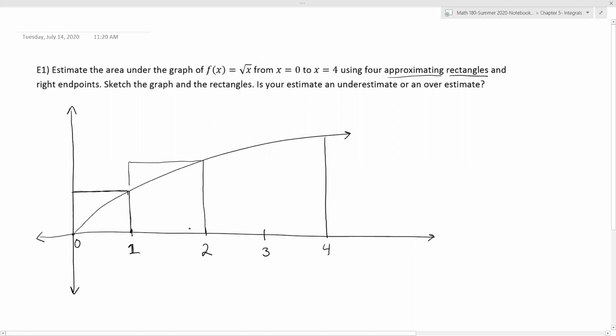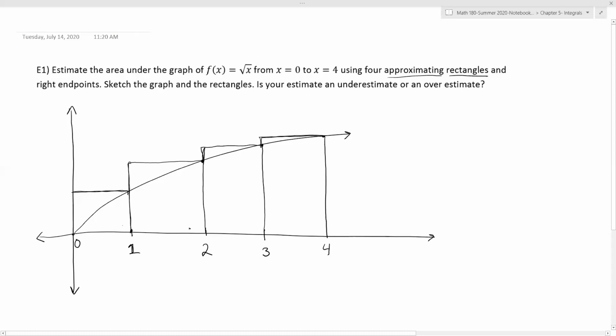Its height is going to go up to the curve at 2. Then I'll go to 3 and construct another box, and then I'll go to 4 and construct another box. So those are my rectangles, 1, 2, 3, and 4.